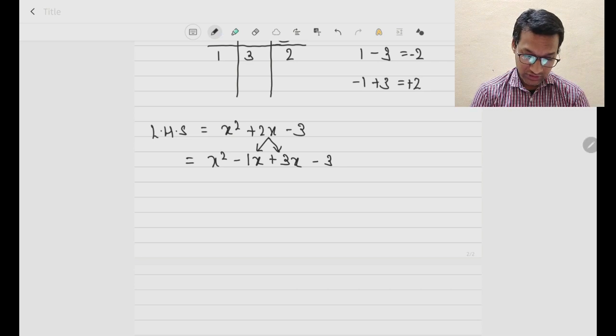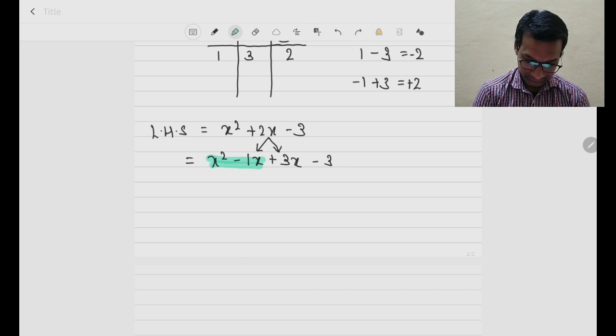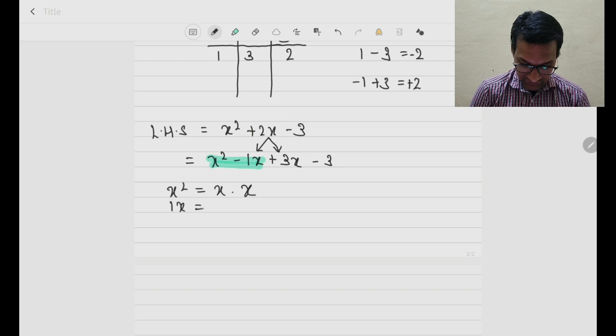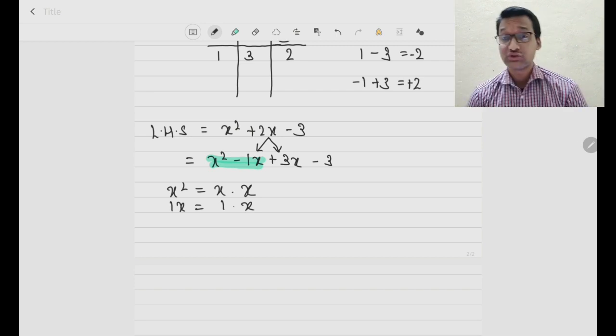Now the next step is to take the common factor from the first two terms and the last two terms. The first two terms are x square and minus x. So x square means we have x multiplied by x, whereas 1x means we have 1 into x. Now what is common here?